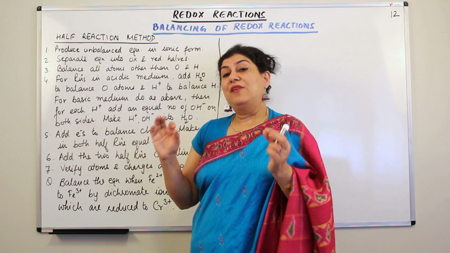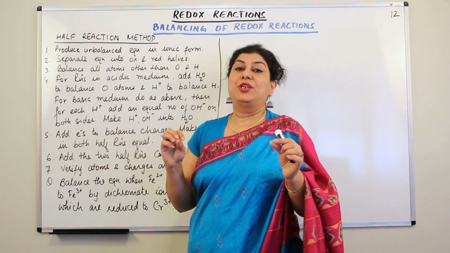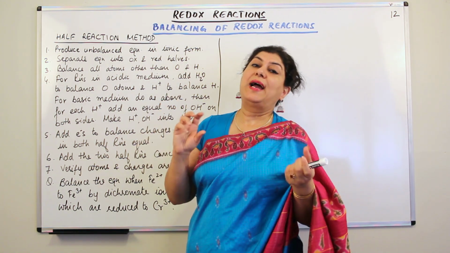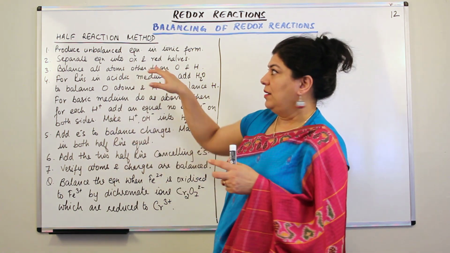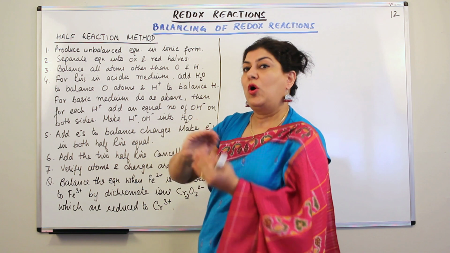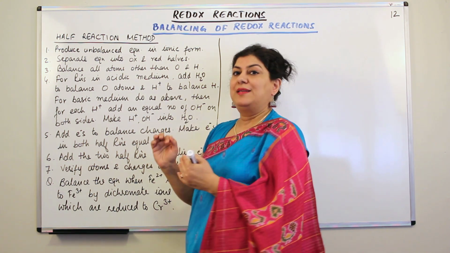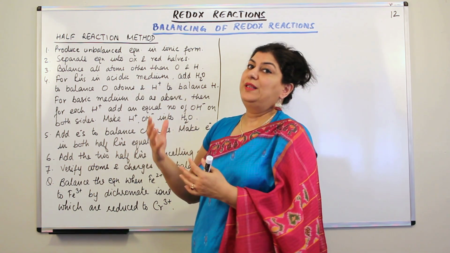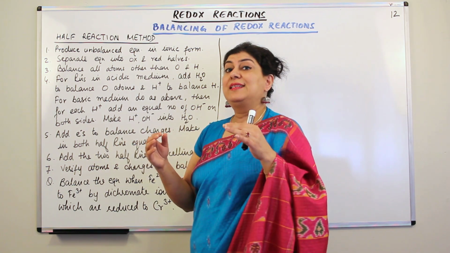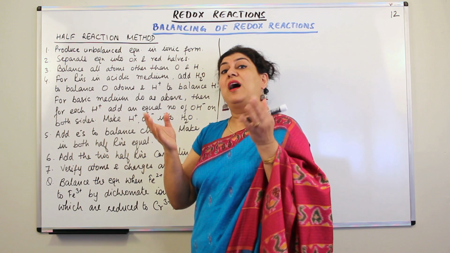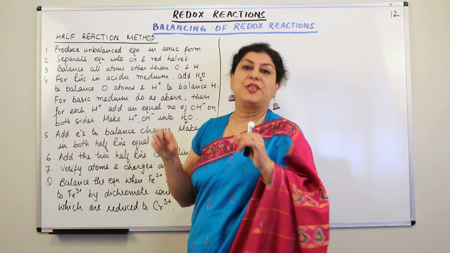But after adding the H positive and OH negative, the oxygens are balanced by adding water molecules. In the half reaction method, we follow the opposite approach. We will be balancing acidic medium with hydrogen ions and basic medium with OH negative ions, but we will be doing it after putting in water.